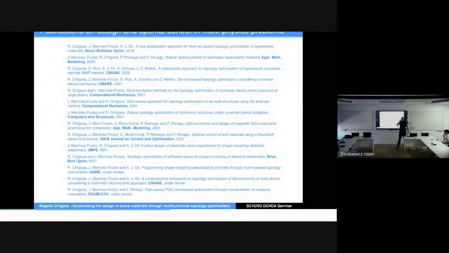So what we did is a kind of stabilization, because those instabilities tend to be associated with fictitious structures, namely intermediate densities. You start with an intermediate density. Say you want a volume fraction of 0.45, so you start with a pseudo density of 0.45 everywhere. But 0.45 is not your material.